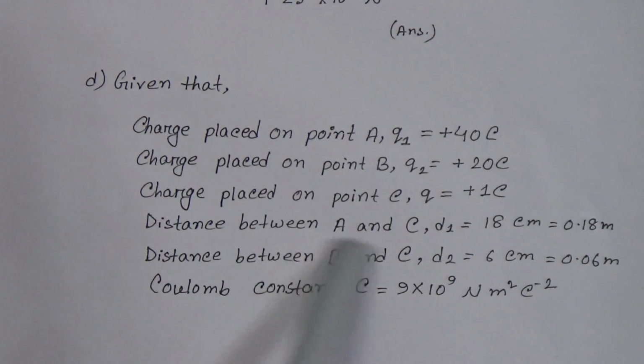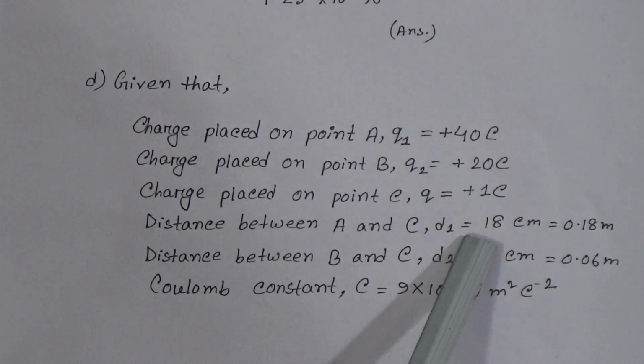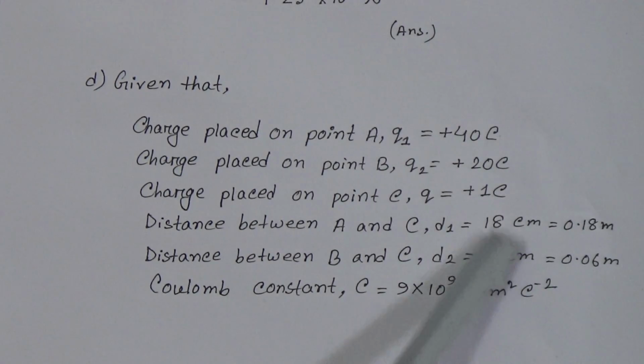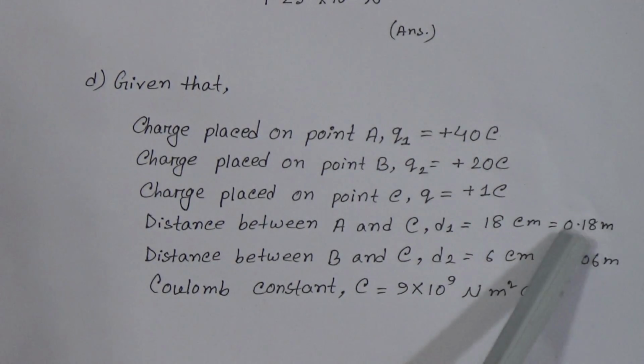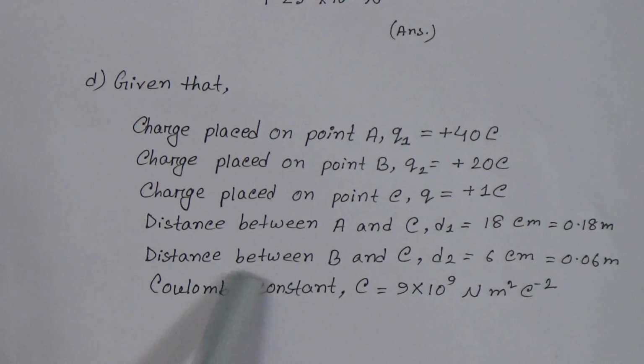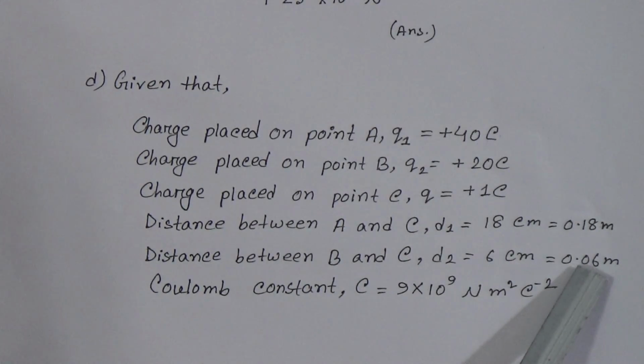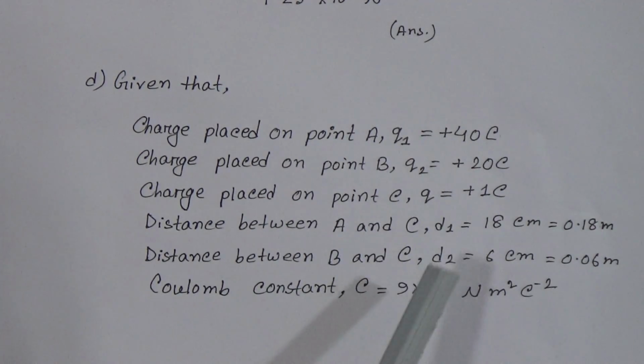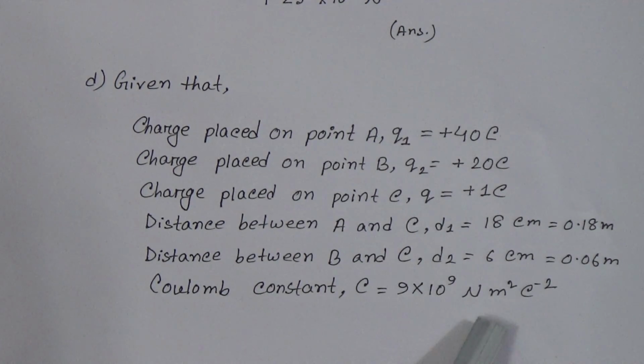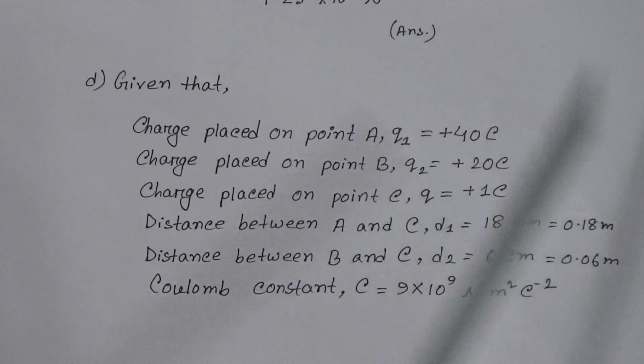The distance between A and C is 18 centimeter, which in meter is 0.18 meter, and the distance between B and C is 6 centimeter, in meter 0.06 meter. The Coulomb constant K equals 9 into 10 to the power 9 Newton meter square per Coulomb square.